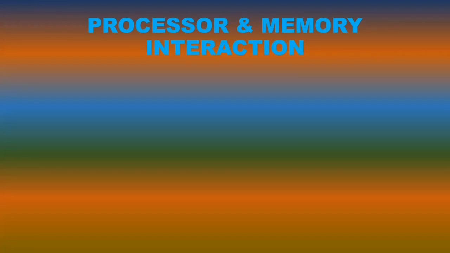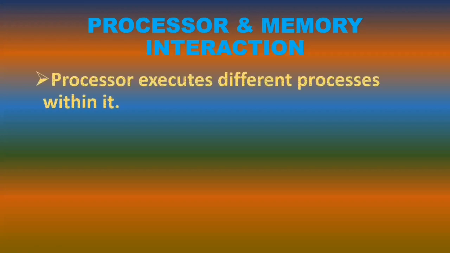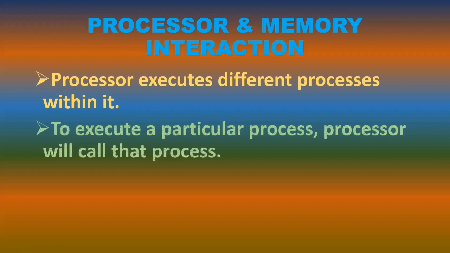The processor executes different processes within it, and to execute a process there are several steps performed by the processor. But now the question is how a process becomes available to the processor. When a process needs to execute, the processor will call that process.